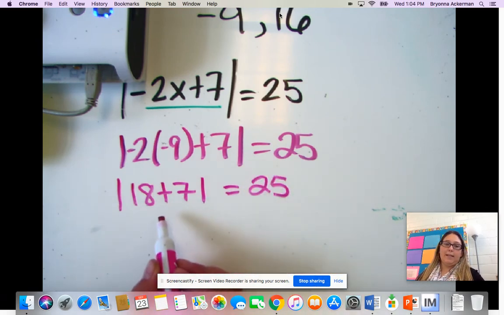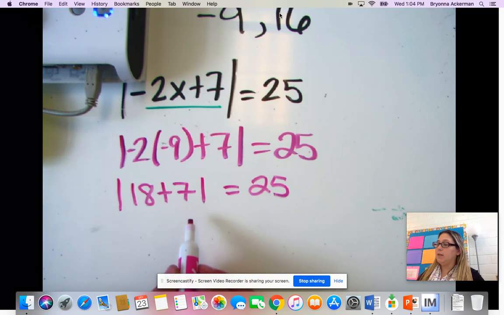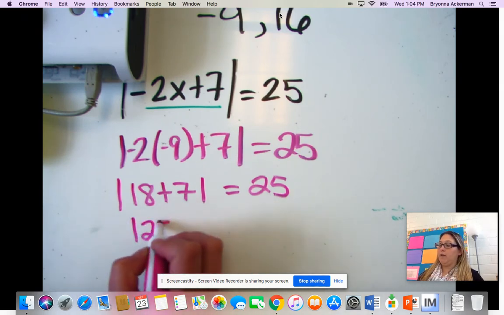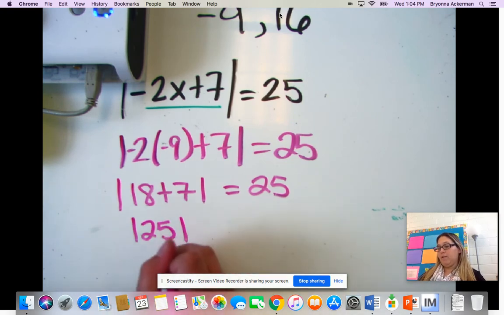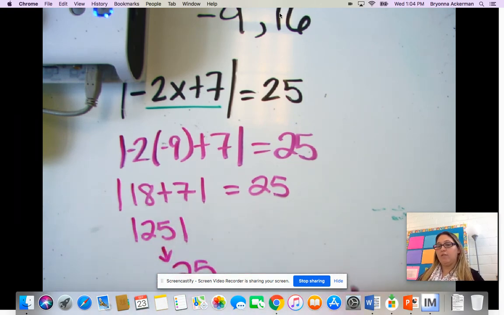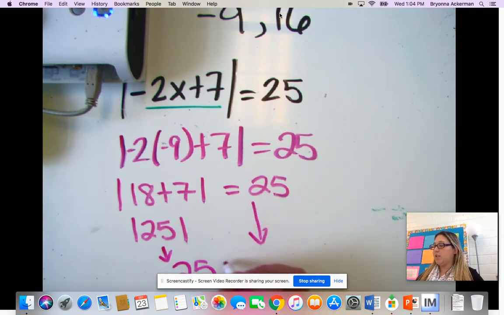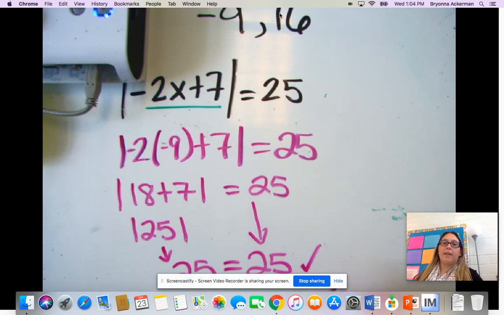And 18 plus 7 is in fact 25, and then the absolute value of 25 is 25. And so the question is, does 25 equal 25? Well, yes. And so that means negative 9 is in fact checked, and it's an answer.